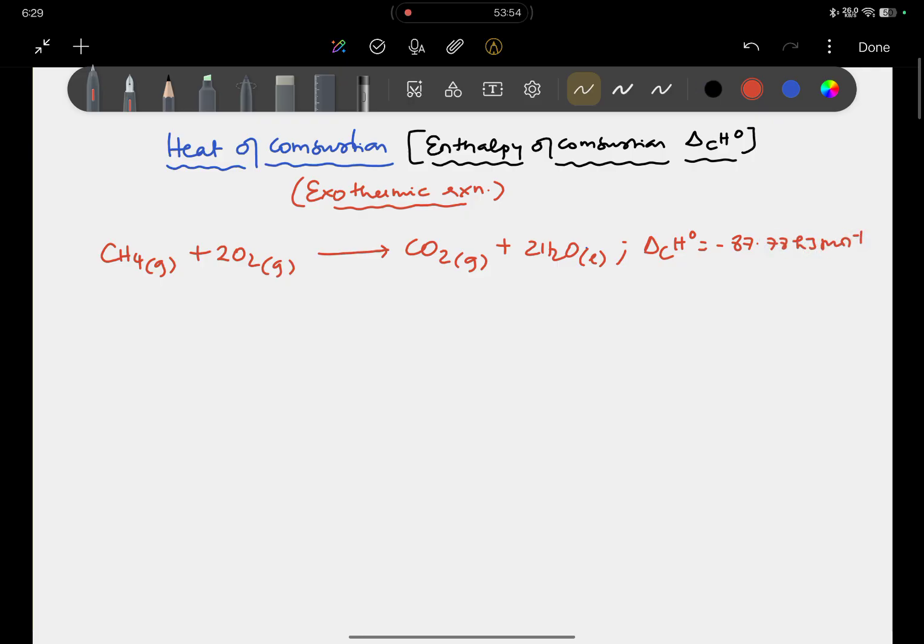87.78 kilojoule per mole. Now let me write the definition. Definition is important.